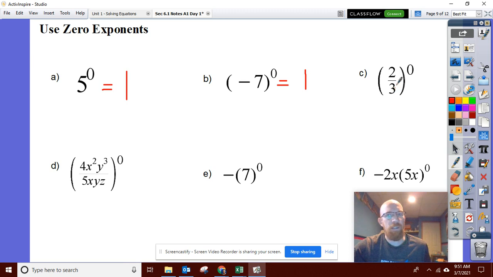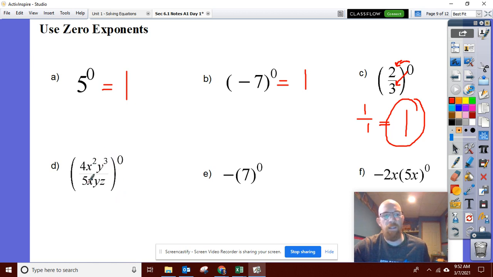We've got a fraction this time. Well, that 2 gets a 0, and that 3 gets a 0. So if they each get zeros, it's like saying 1 over 1, right? 1 over 1, well, that's just simply 1 again, right? So the answer again is 1. Are you getting the pattern here? Anything in parentheses is going to be a 1.